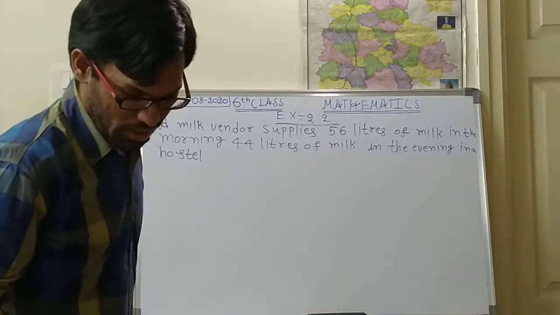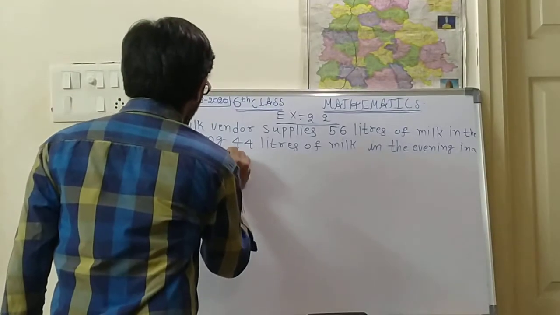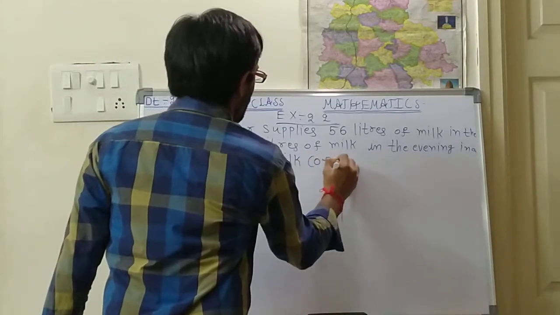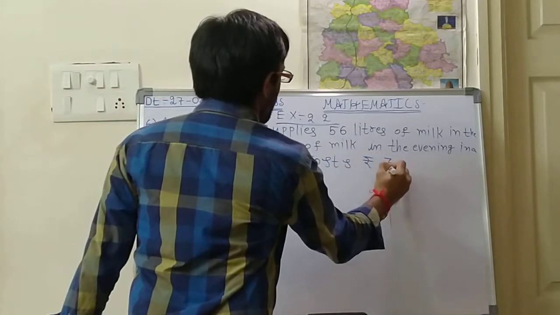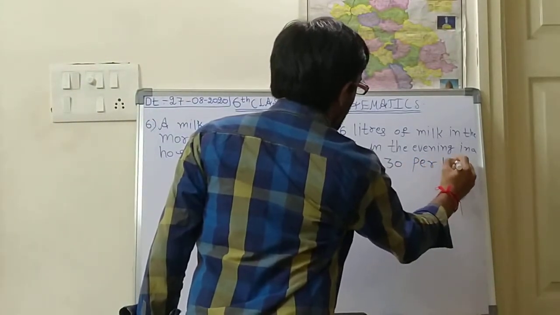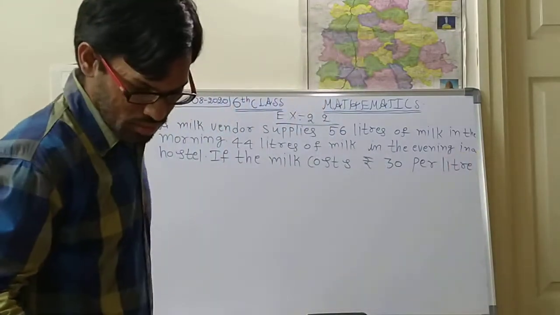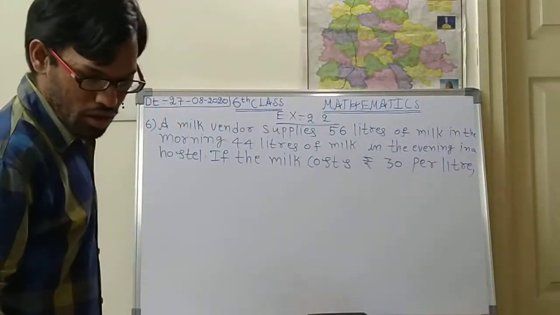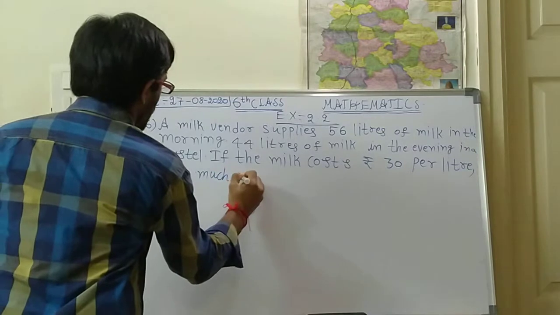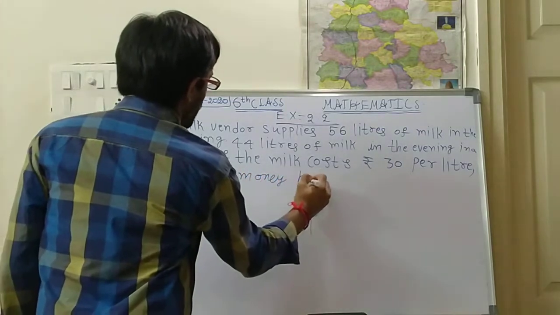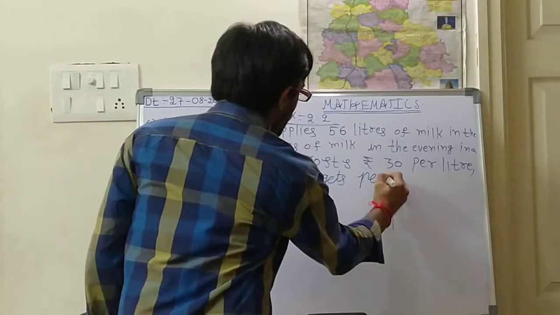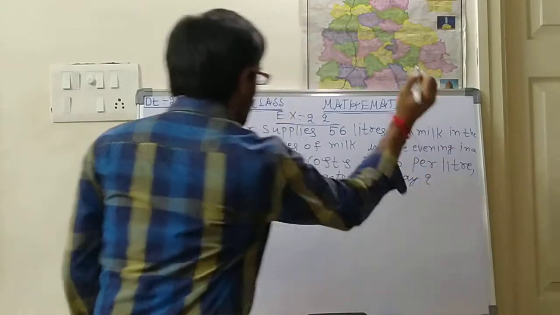I hope you are understanding. If the milk costs rupees 30 per liter, how much money does he get per day? Okay, this is the question.